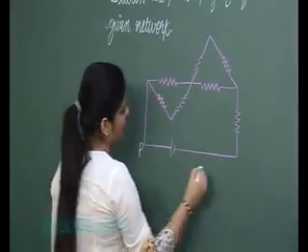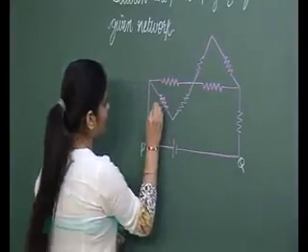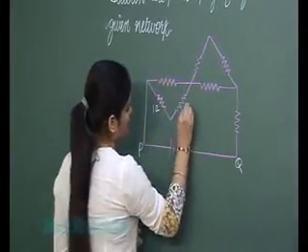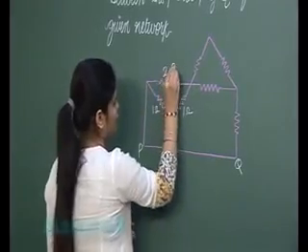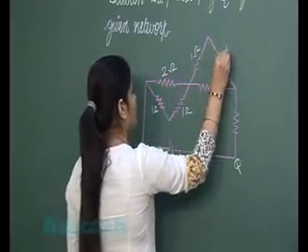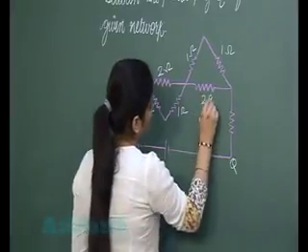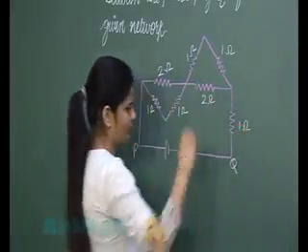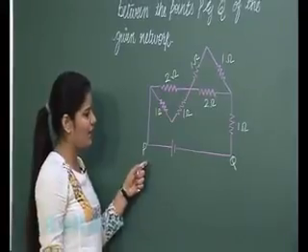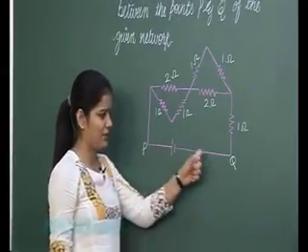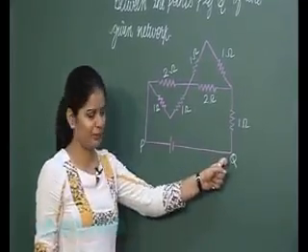These are points P and Q. This is of 1 ohm, this is of 1 ohm, this is of 2 ohm, this is 1 ohm, 1 ohm, this is 2 ohm, and this is 1 ohm. Student, we have to find out the equivalent resistance between P and Q.